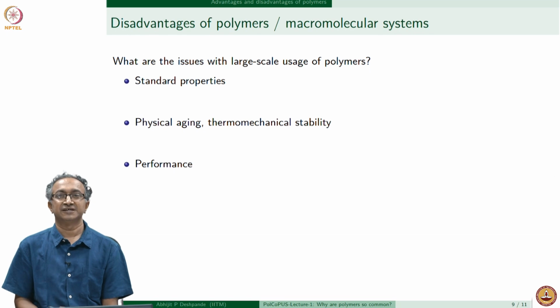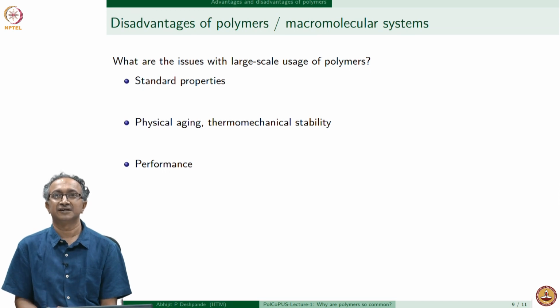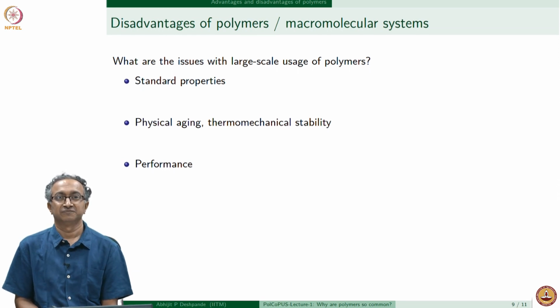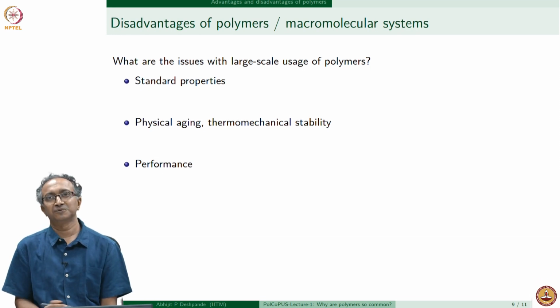We can optimize, we can improve those properties, we can try to make better properties, but in the end there is a limitation related to the physicochemical nature of polymers and its properties. For example, polymers we know are insulators. Now, if we want conducting polymers, then is it possible? Of course, we know now that conducting polymers are also there, but again, the conductivity of a conducting polymer is not going to be the same as a copper conductor. And so clearly there is an issue related to performance depending on the nature of the material itself.